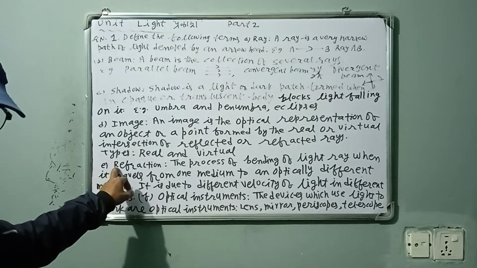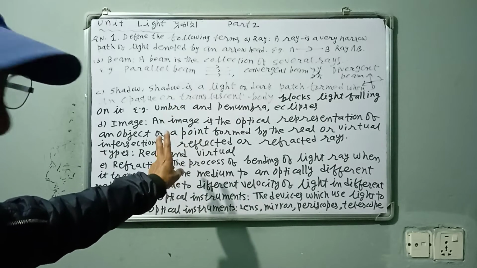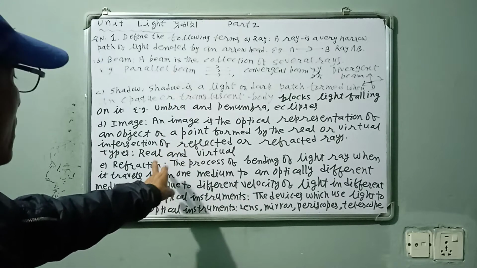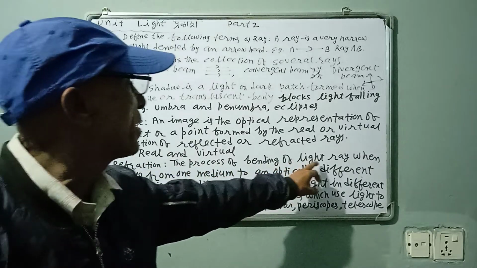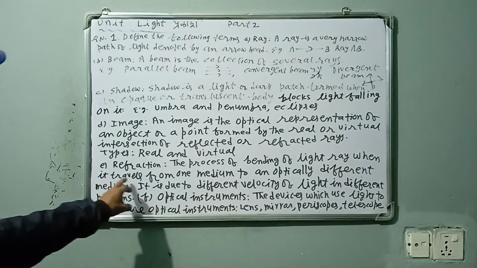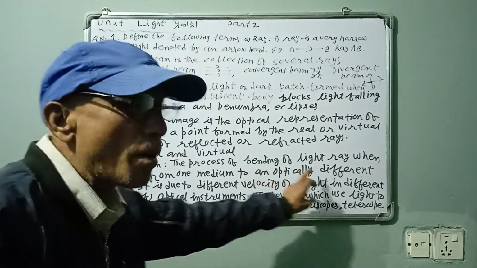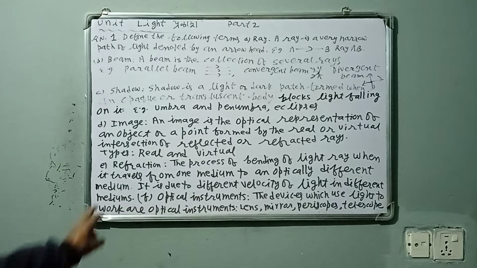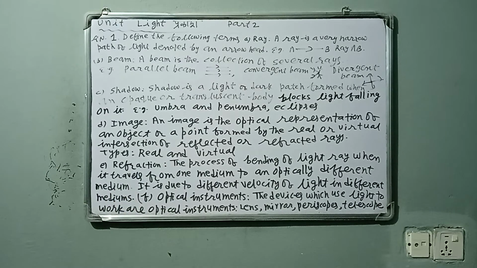Refraction already done, but again. Reflection is the returning of light, but refraction is the process of bending of light ray when it travels from one medium to an optically different medium.